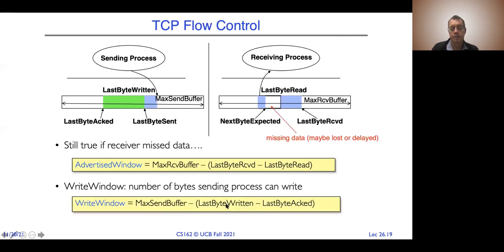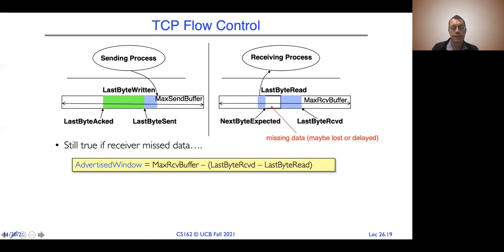Okay. This is a very important aspect. It's still true if you miss the data, these formulas. Because if you miss the data on the receiver side, the next byte expected, by the way, is the one which is in sequence, right?